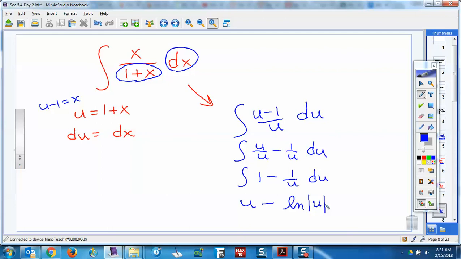There's no restriction here for u not to be negative. U can't be 0, but u could be negative, and you can't take the natural log of a negative, so we need to put bars around it. Okay, and then plus c. Now we put our x plus 1 back in. So now we get x plus 1 minus ln |x plus 1| plus c.